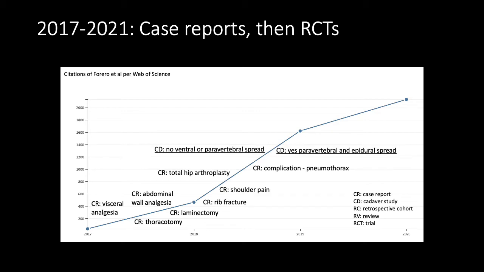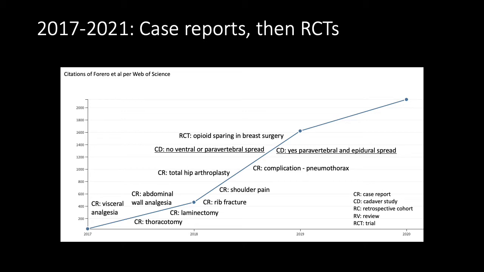Then there were competing cadaver studies in early 2019 that started to argue about whether or not there was spread to those ventral rami or to the paravertebral space, which is considered to be the mechanism by which you would get anterior analgesia.